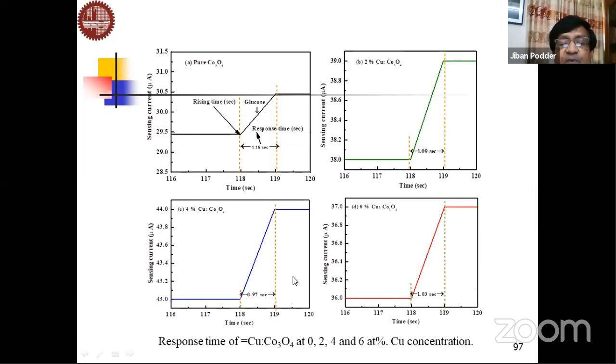The minimum response time means they can respond quickly to the uptake of glucose molecules, so 4% is suitable. We also saw from the surface morphology that 4% is more compact and suitable for the absorption and uptake of glucose molecules.